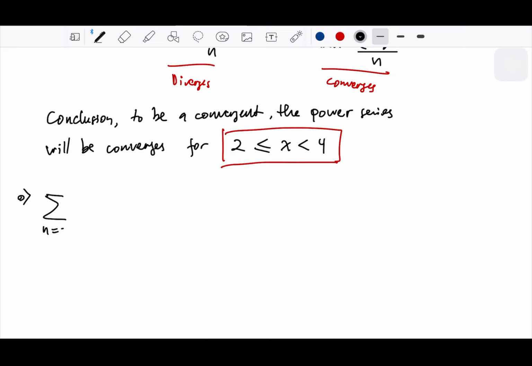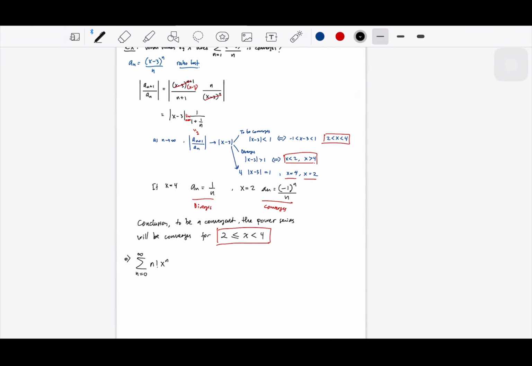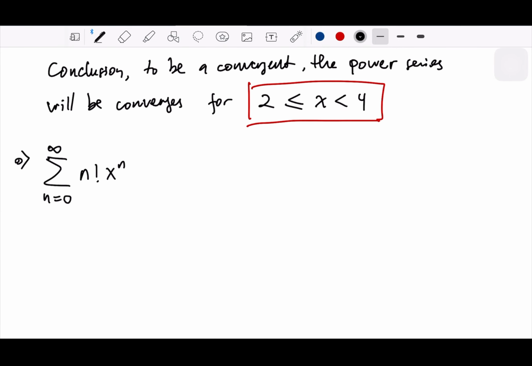So the series is n factorial x to the power of n. The question is the same: what values of x make this series converge?